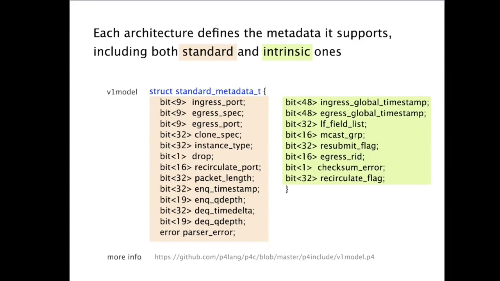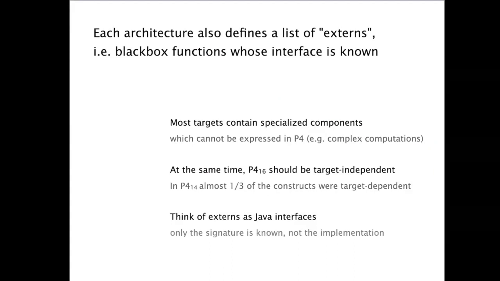Any target will implement those, you know that they are there. On the right-hand side of the slide, you have the intrinsic metadata. These typically depend on the architecture. For instance, this particular architecture has the metadata ingress global timestamp and egress global timestamp, giving you the clock cycles when the packet entered the ingress and the egress. But not all architectures provide you with this.